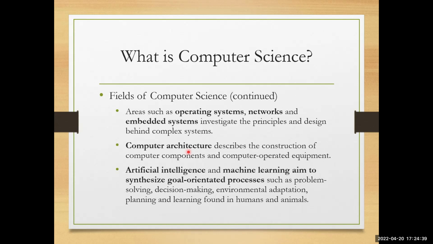Then the fields of artificial intelligence and machine learning aim to synthesize goal-oriented processes such as problem solving, decision making, environmental adaptation, planning, and learning found in humans and animals. This basically means we want our computers to have the intelligence of human beings.